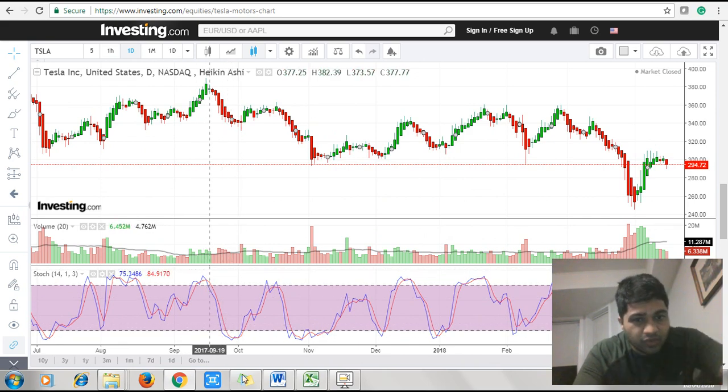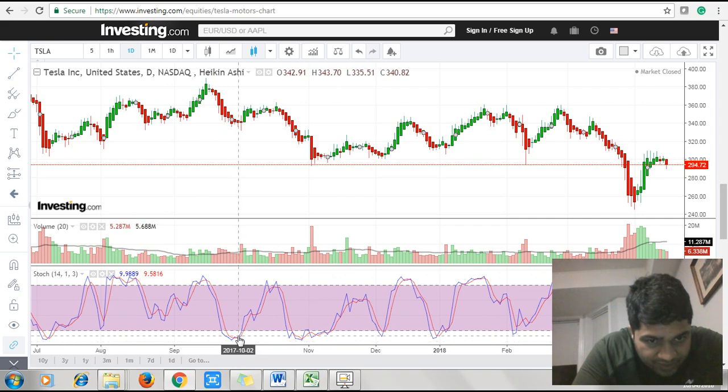For example, this is a golden crossover, because the purple line is crossing the red line and going up.